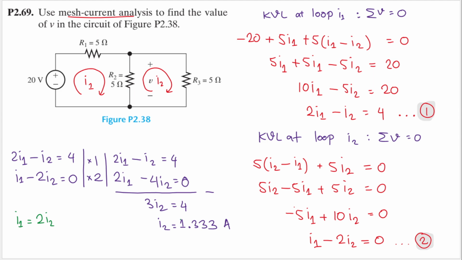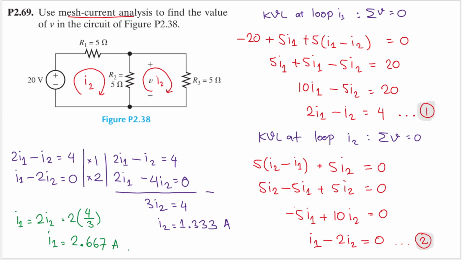However, we know that I2 is this one, so we will have 2 multiplied by 4 over 3. So I will have 8 over 3, so I1 is 8 over 3, which is 2.667. Okay. So this is I1 and that is I2. The unit here is ampere.